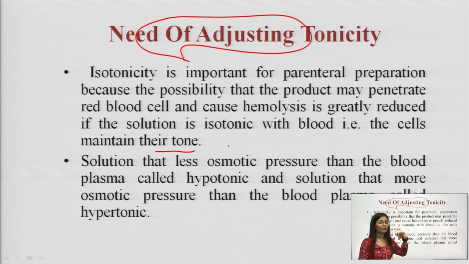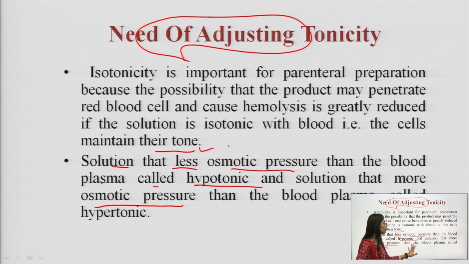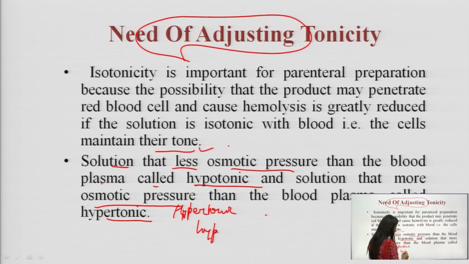If it is hindering the RBC, obviously it can cause problem in the preparation. Solution that has less osmotic pressure than the blood plasma is called as hypotonic, and the solution that has more osmotic pressure than the blood plasma is called as hypertonic. Okay, that's why it is a need. What I told you, we have hypertonic and hypotonic.